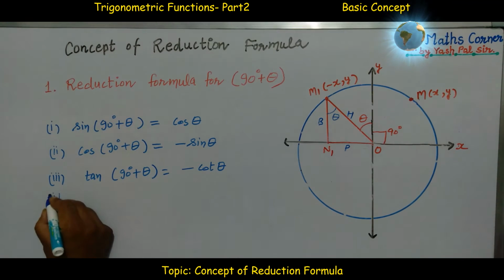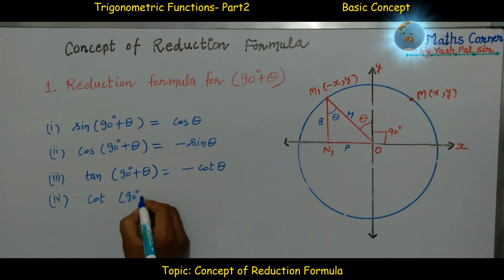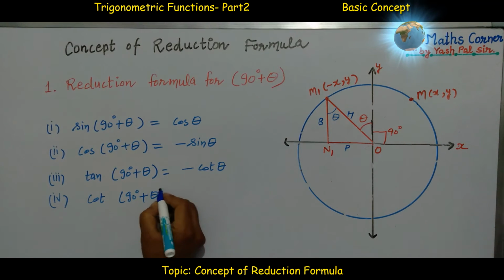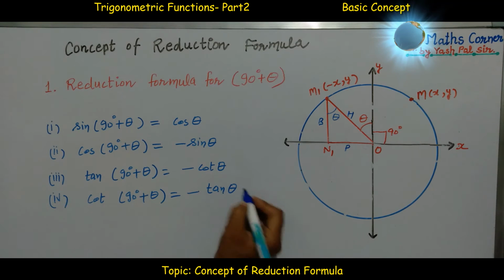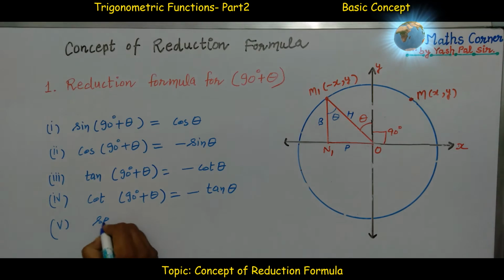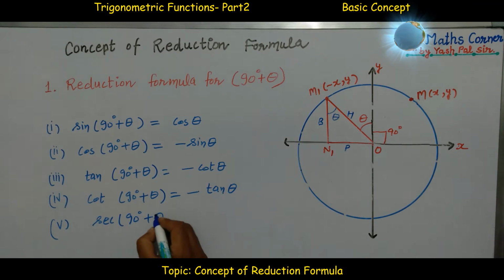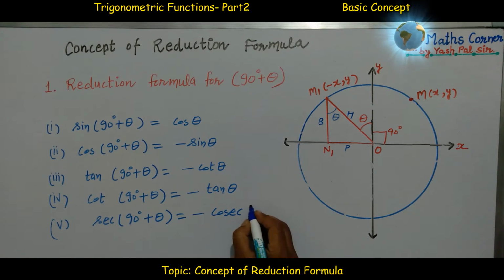Number 4, cotangent of 90 degree plus theta is equal to minus tangent theta. Number 5, secant of 90 degree plus theta is equal to minus cosecant theta.